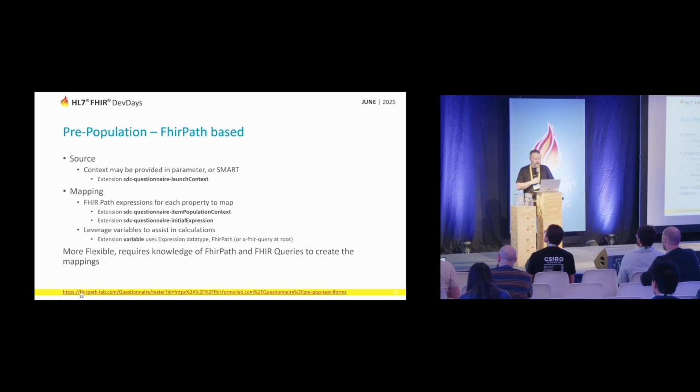So the item population context gives you group level contexts for repetition. So you can walk down through a tree and pin areas and walk in. And then the initial expression is how you actually use a value out of that and populate it. Use variables with x-FHIR-Query or FHIRPath natively to go and create computed values from other content.